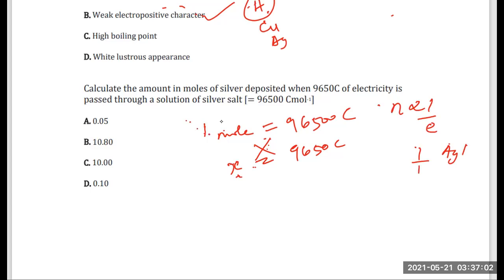It's going to be 1/2 mole. 96,500 coulombs will liberate 1/2 mole. But since silver has only 1 mole of electron discharge during electrolysis, 1/1 is still 1. All right. So having established that, we can find what X is by saying that X is basically 9,650 divided by 96,500, and that should give us 0.1.